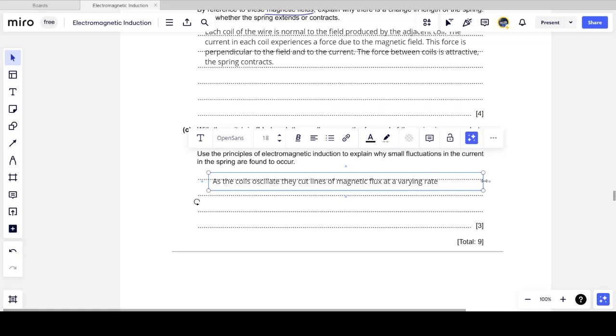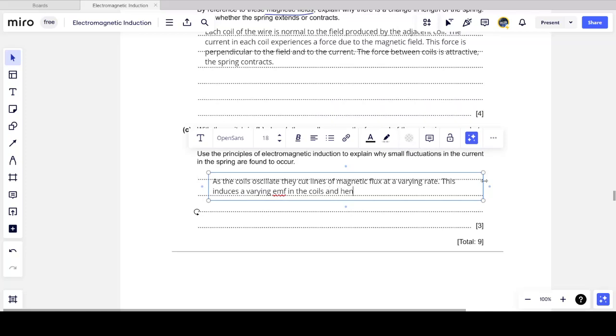So they spread out, they get closer, and so they're cutting lines at a differing rate, because the mass will accelerate as it moves down, and then after the equilibrium position, it will slow down, reach zero, and then the entire process happens. So the rate at which flux lines are being cut changes, which means this induces a varying EMF in the coils themselves.